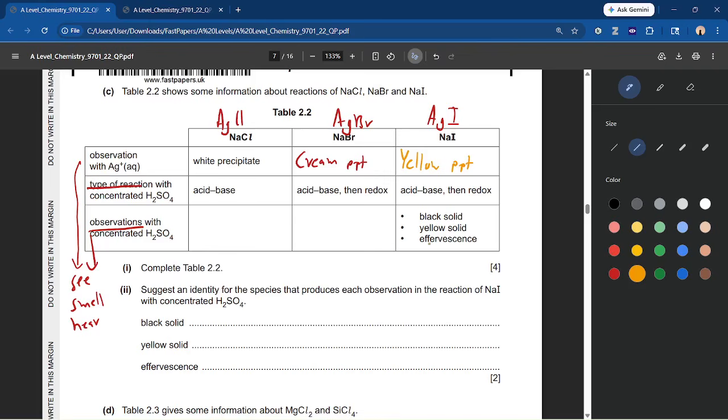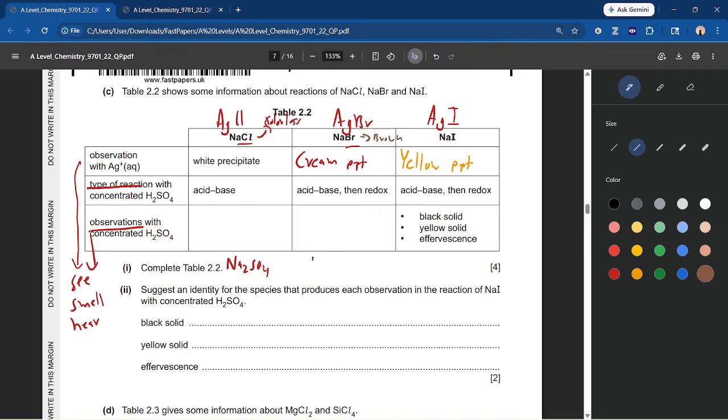Whenever you add concentrated sulfuric acid, you're going to get sodium sulfate. This is also going to be sodium sulfate. So you're going to keep getting sodium sulfate, and what's being liberated is the chlorine and the bromine. Because both chlorine and bromine are being liberated, we know that chlorine doesn't really have any color, so it's sort of colorless, whereas bromine is brown.